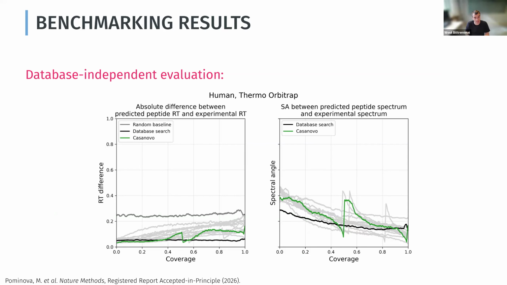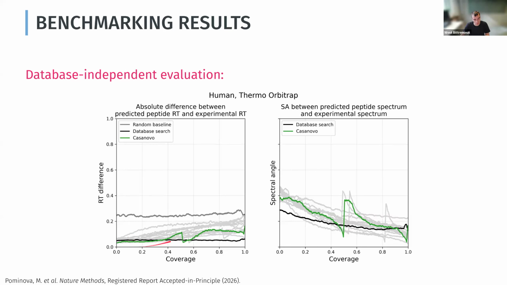And then finally, an example of our database independent evaluation. And here we see on the left-hand side the difference between the predicted retention times and experimental retention times. The database searching results as kind of a baseline are indicated here.